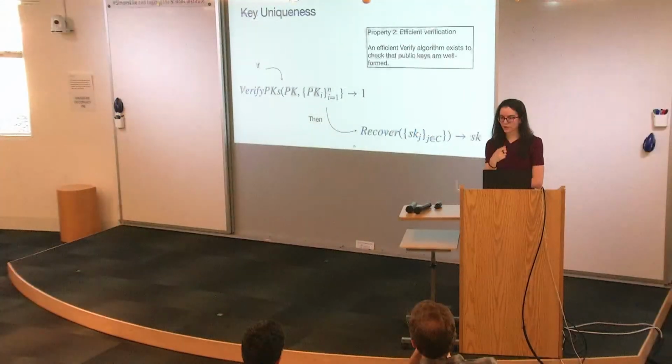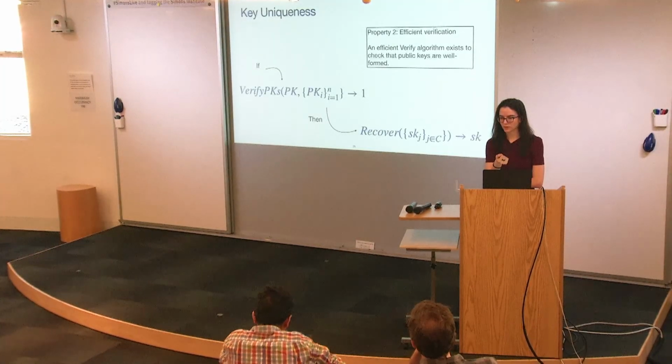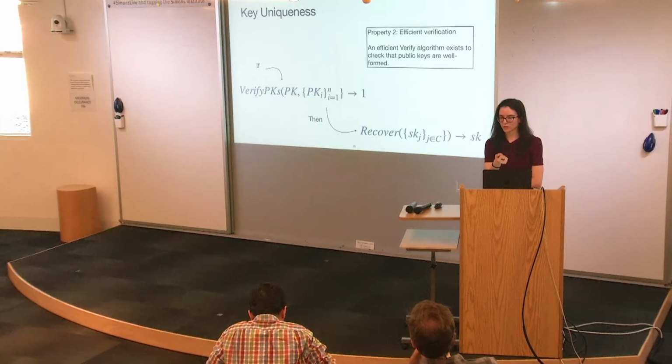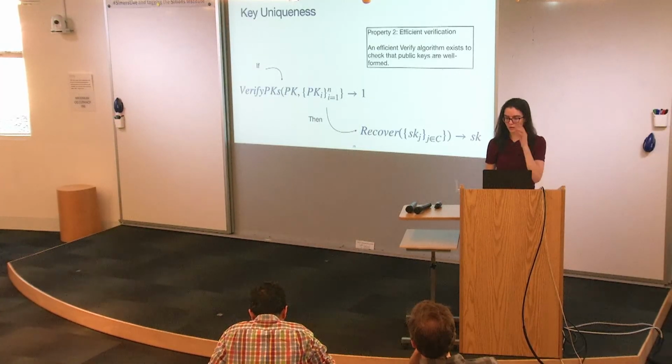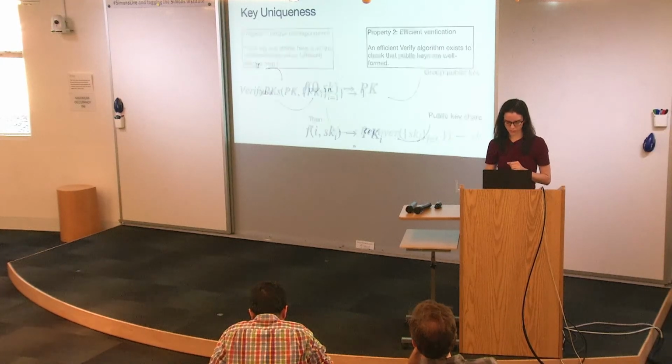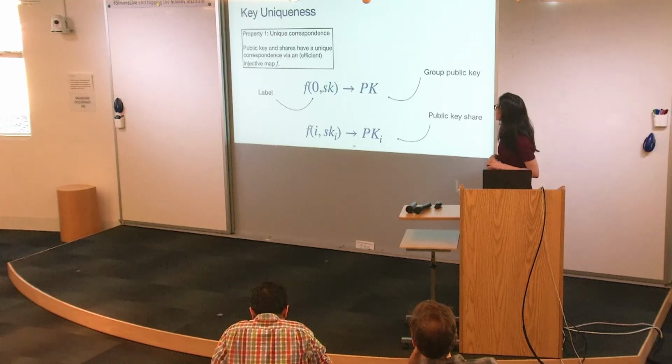That's a good question. In proactive security, the secret key share does change. Yes, there have to be multiple representations of the same secret key. That's why I asked. If the set of shares is the only representation for this.